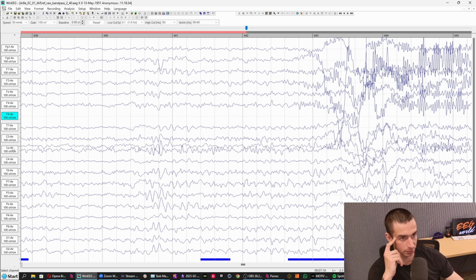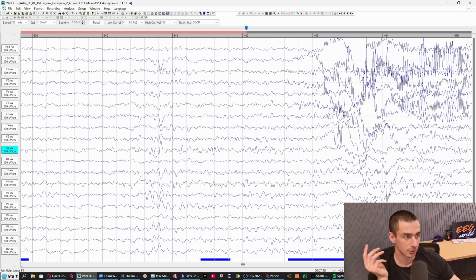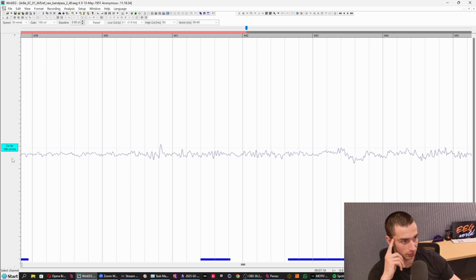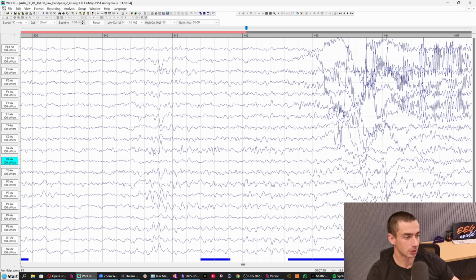Phase inversion from CZ to F8 and T8. So, right when we see CZ having a spiky thing and then it's phase inverted to T8, whoops, want to make it disappear. And C4 is kind of flat. This could be a sign that there is a source in the insula of this sort of spiky content.